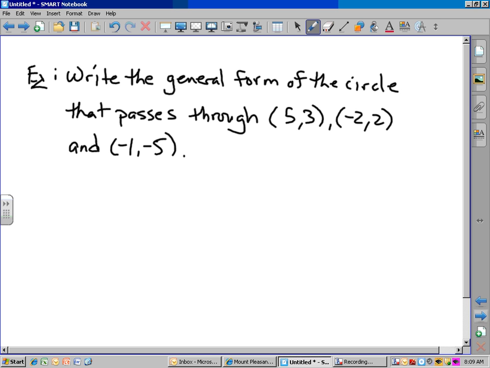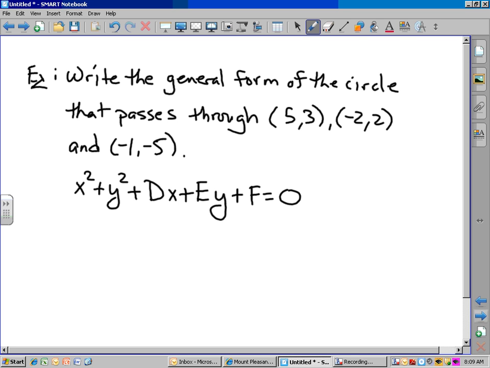We have 3 points. Do we know anything about the center? No. All we know is general form. General form is x squared plus y squared plus dx plus ey plus f equals 0, right? Is that correct?